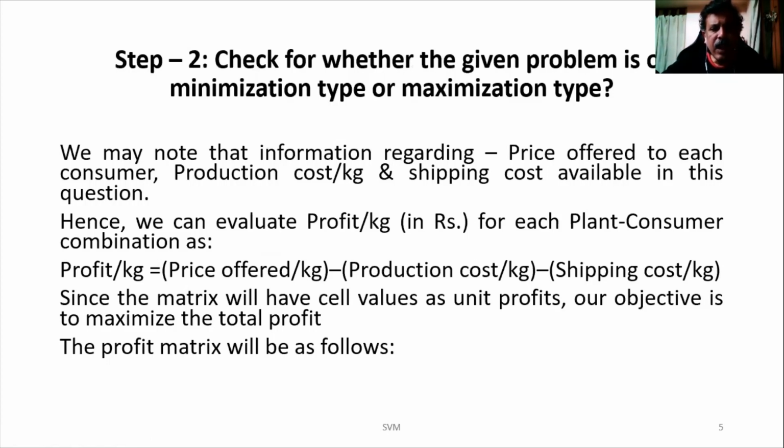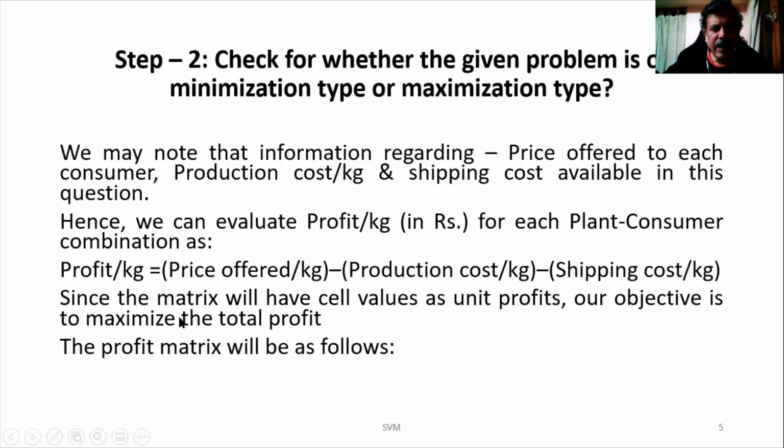So when we have this price offered to customer, production cost per kg, and then shipping cost per kg, we are able to calculate profit per kg for each combination. What combination? Plant versus consumer combination we can form. How? Profit will be price offered per kg minus production cost per kg minus shipping cost per kg.